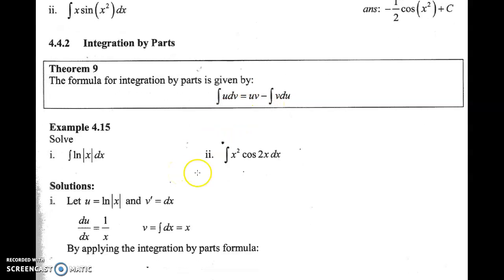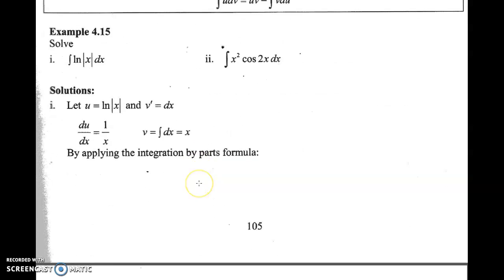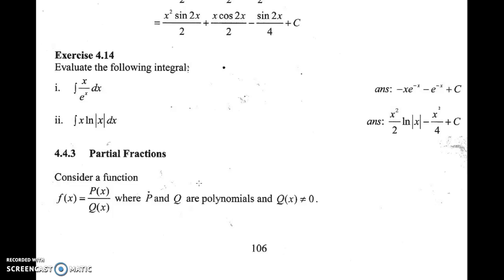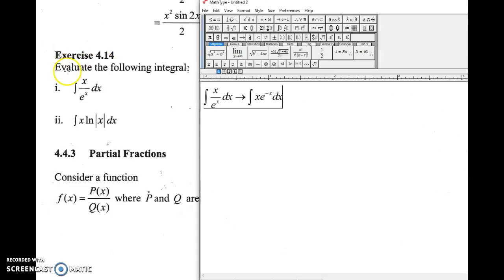Alright, so let's try to do it through exercise 4.14. Integrate x over exponential of x. As usual we are going to bring the denominator up, so that it's easy for us to integrate later.